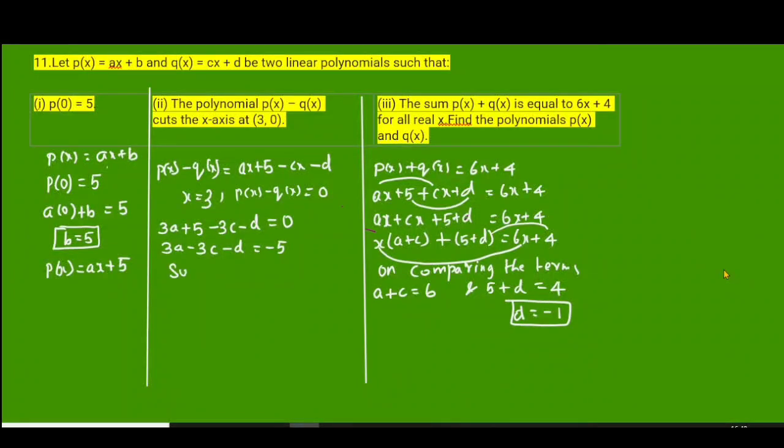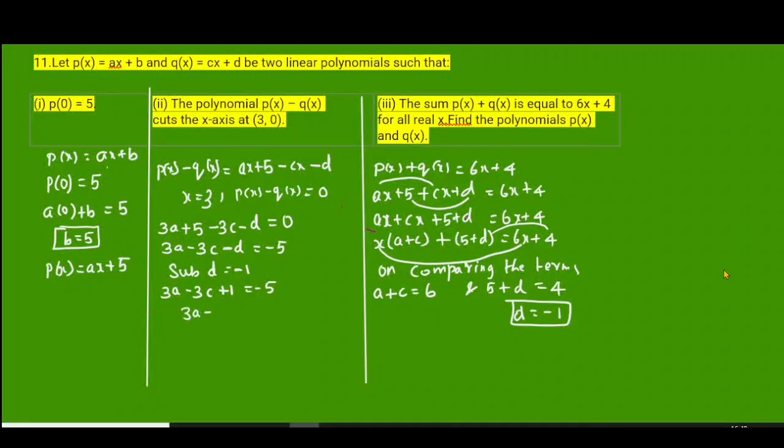Now substitute d is equal to -1 in the previous equation. What will we get? 3a minus 3c minus d is equal to -5. Already we are having minus d, so minus into minus will become plus.